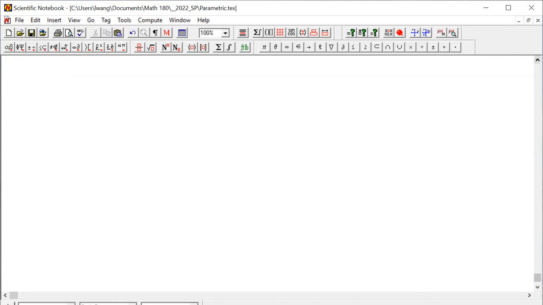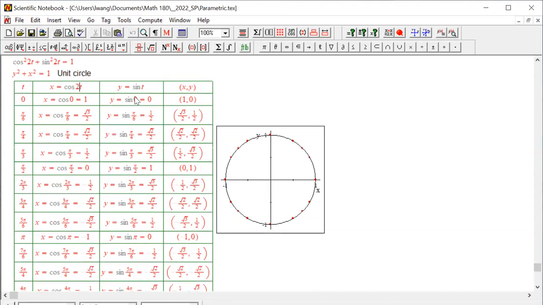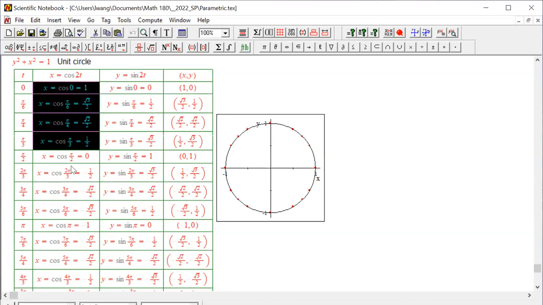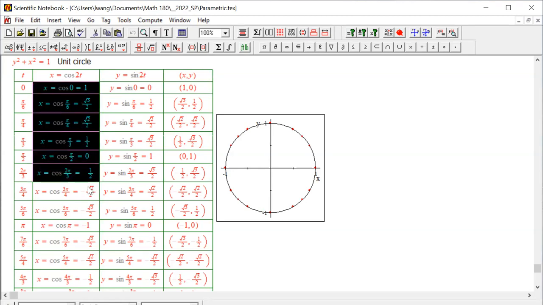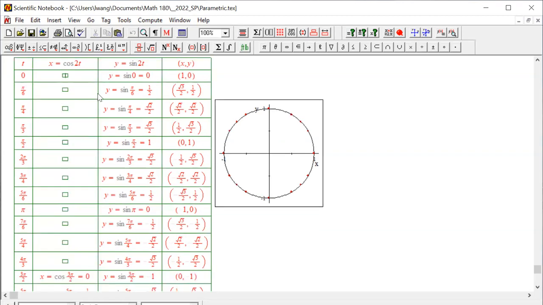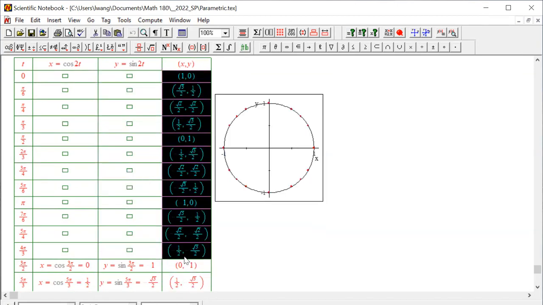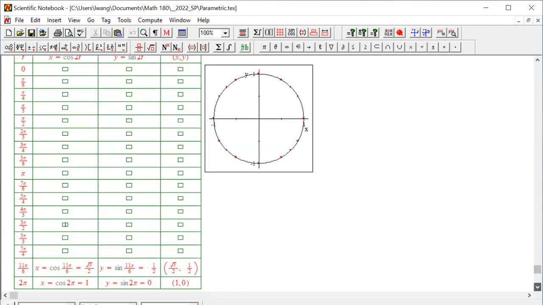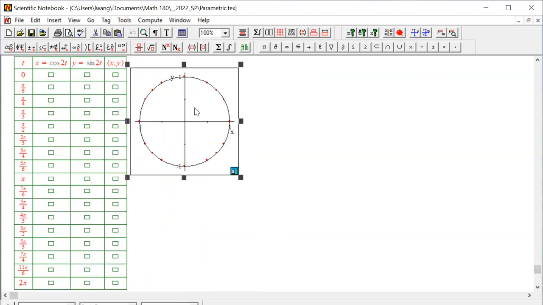So I'm going to show you the difference for the new function. This is going to be 2t, and this is going to be 2t. A lot of these points, we're going to select very differently, so I'm going to remove all of that. I copied these 2 tables just to show you there are some similarities, so you can see the difference. Of course, the circle has to be redone.